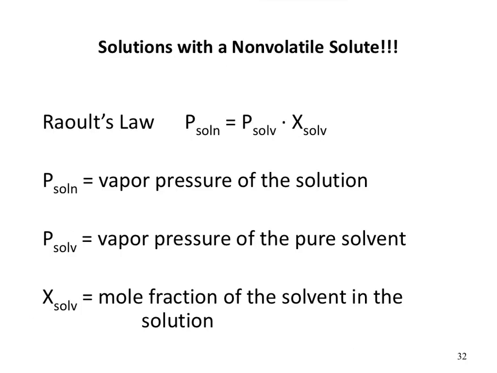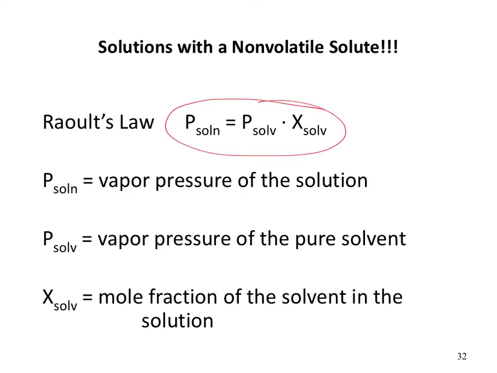So this relationship for the presence of the non-volatile solute with the vapor pressure is put together as Raoult's law. According to Raoult's law, the vapor pressure of any solution can be calculated by taking it to be in proportion with the amount of the non-volatile solute that has been added.